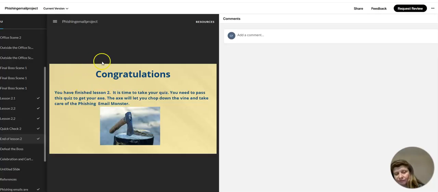So here was the learner's next step: they complete lesson two to get the axe, and they have to pass the quiz to get to the final boss battle, and they can use the axe to chop down the vine and deal with the monster and overcome that monster.